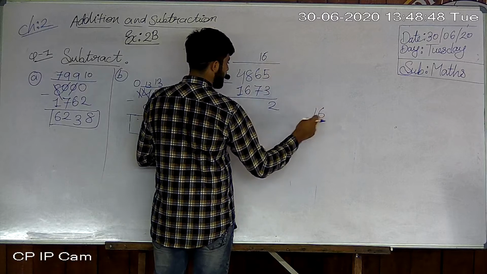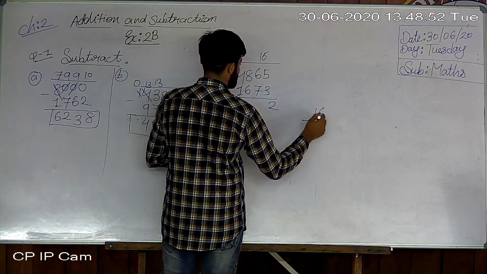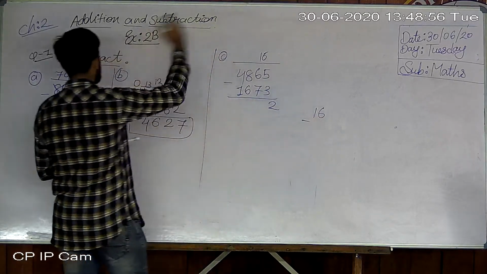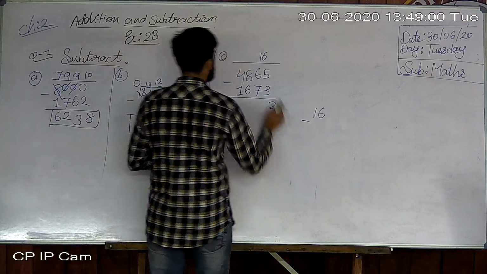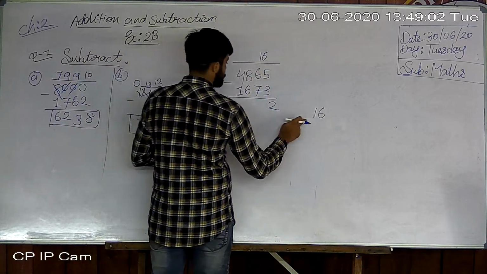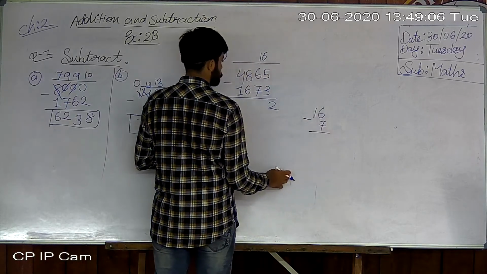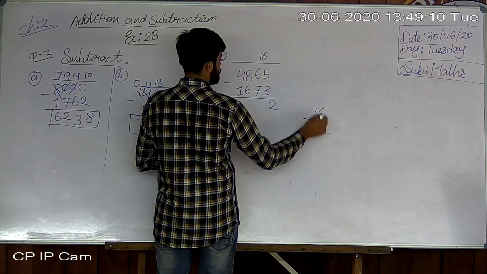Once again I am explaining, because it is very complicated. Directly all sums come with a regrouping and a 0, or subtracting with a 0. So see here, 7 minus 1.